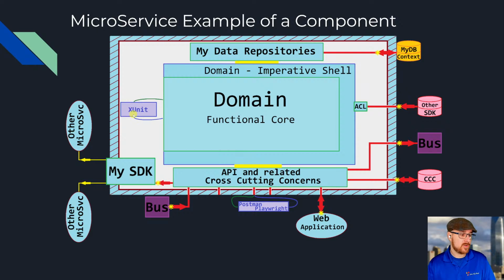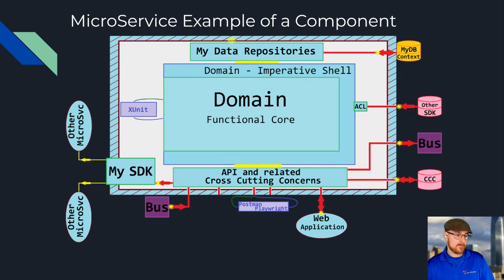We're going to say xUnit for our unit tests, testing against the functional core of the domain. And we're going to say that this API can send information to the domain, it can receive information from the domain, and then maybe at the tail end of that, it sends it off to a bus. So if it came in from a bus, and then it calls all of the bounded context of this service, and it gets back to the API, then it maybe sends to the next bus, or sends a message, I did a thing, and then the bus knows who subscribes to that, or whatever the case is.